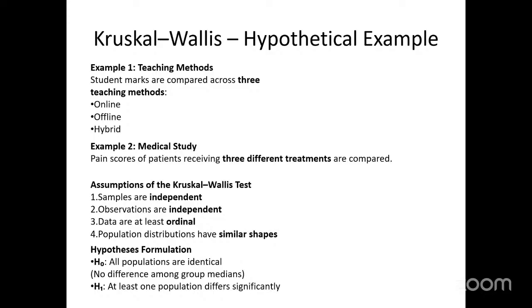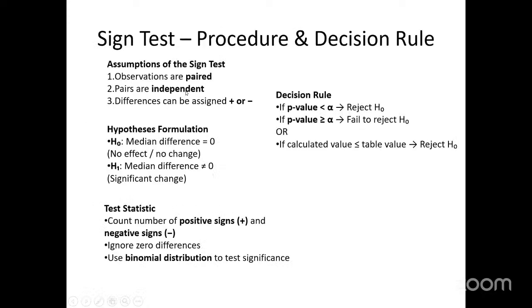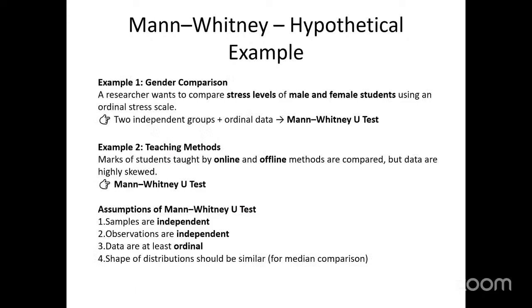For Mann-Whitney, I have given the same example so that you can differentiate between both of the tests. For Mann-Whitney, student marks are compared across two groups only: the online study method and the offline study method.